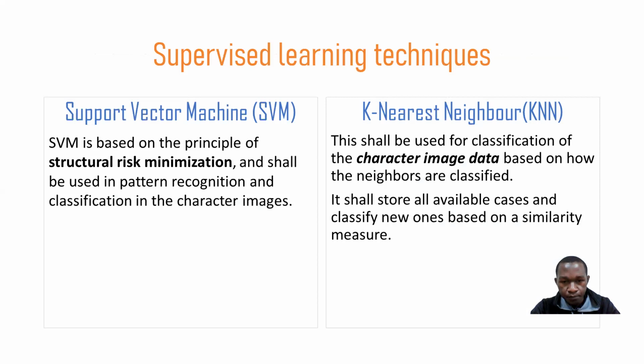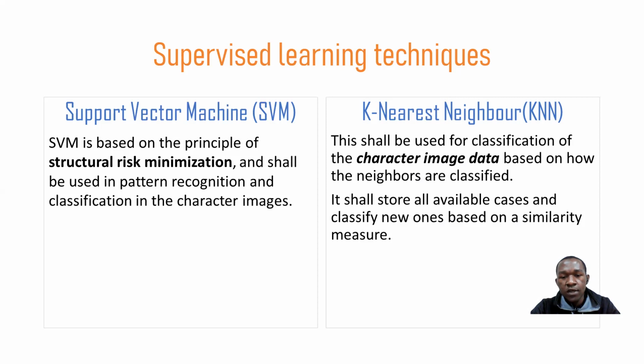Moving on, some of the supervised learning techniques we are going to use in our system are support vector machine, abbreviated SVM. The SVM is based on the principle of structural risk minimization, and for our system, this shall be used in pattern recognition and classification of the character images. The other technique could be the K nearest neighbor, abbreviated KNN.